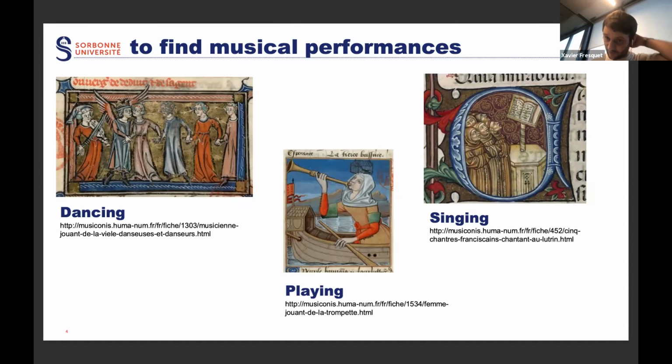Here on the right, you have a group of singers singing in front of an open book with musical notation on it. And so that's the type of image we are looking at amongst other types of images that we are analyzing. Here we are focusing solely on musical performances in medieval manuscripts.